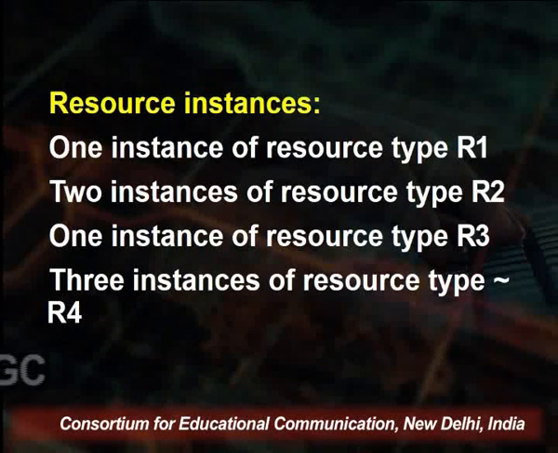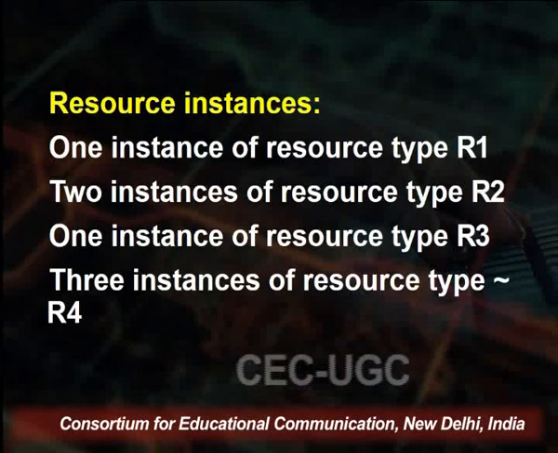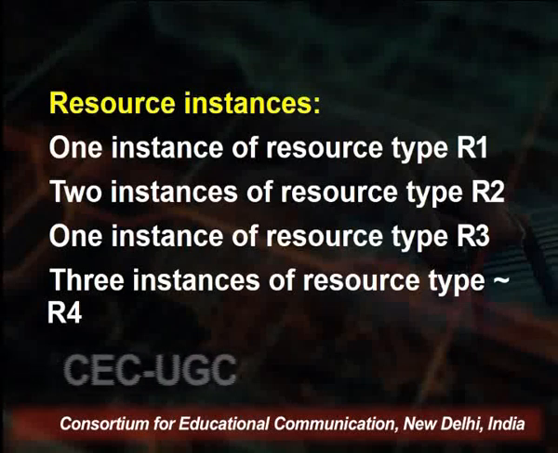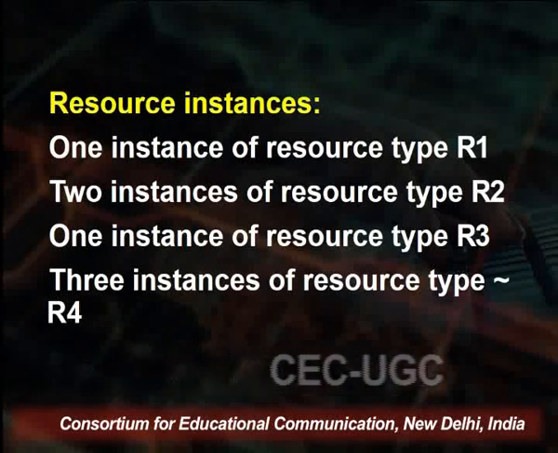Now, let us take a full-fledged example of this resource allocation graph. For this example, let us say we take 4 resources named R1, R2, R3 and R4. There is only one instance of resource type R1, 2 instances of resource type R2, 1 instance of resource type R3 and 3 instances of resource type R4.